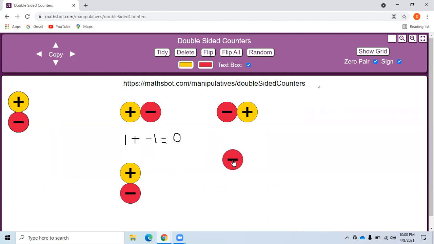And again, in all of these cases, we have a +1 and a -1, and we have zero pairs. It's a zero pair because its value is 0, and it doesn't matter which way I move my counters.